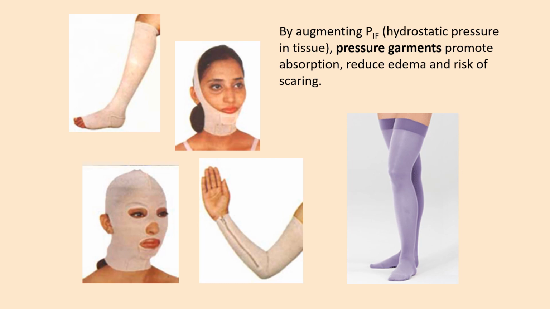Remember, that's one of those four forces, and it promotes absorption. So it causes more fluid to leave interstitial fluid, cross the capillary wall, and join blood. So these pressure garments can reduce or prevent edema by increasing hydrostatic pressure in the tissue.